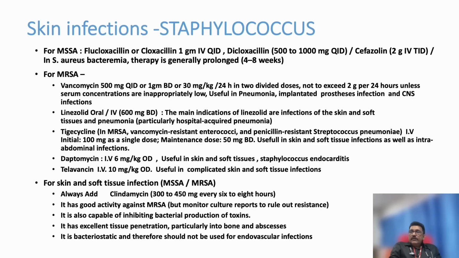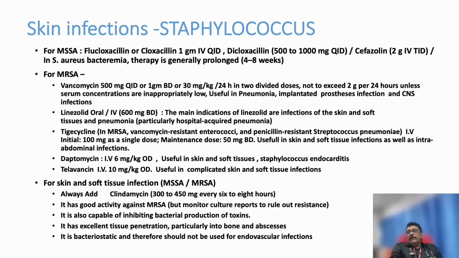For an acute skin infection, somebody coming to the emergency room, or a patient who has an acute trauma and is going to get infection in the coming days, you can go for gram positive coverage. You can give Augmentin, which covers most skin infections. You can give first generation cephalosporins, which also cover skin infection. You can give azithromycin, which also covers skin infection. But if it is a chronic infection, better to go for gram negative coverage also.